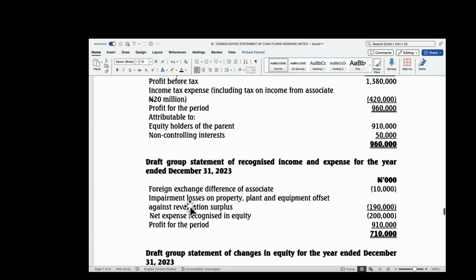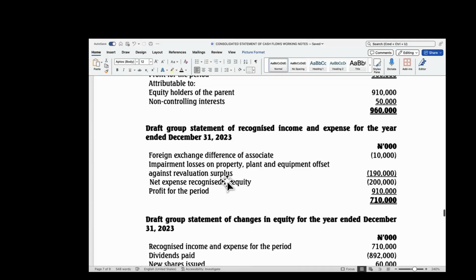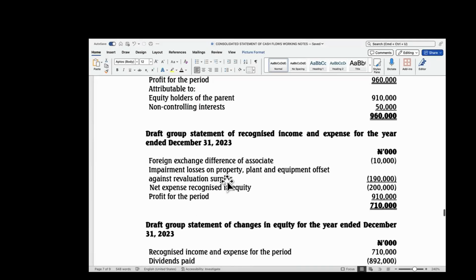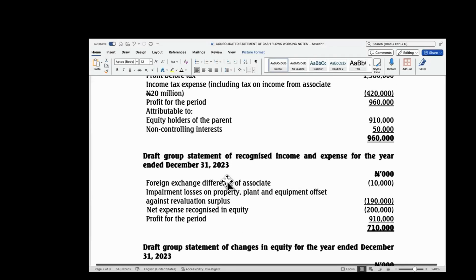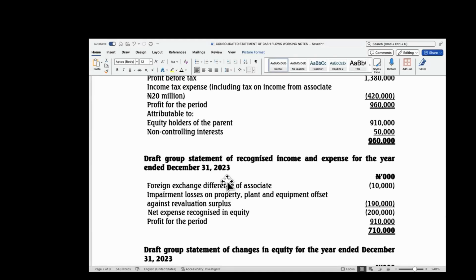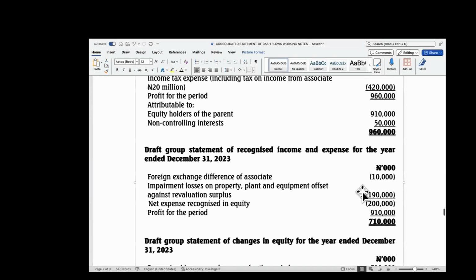This is the P&L. So, I mean, this is OCI, other comprehensive income. Because they brought in this 910, that's the 910 as profit for the year. There was impairment losses against valuation surplus.